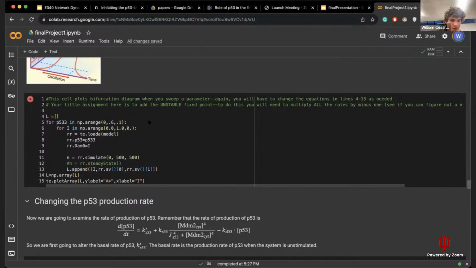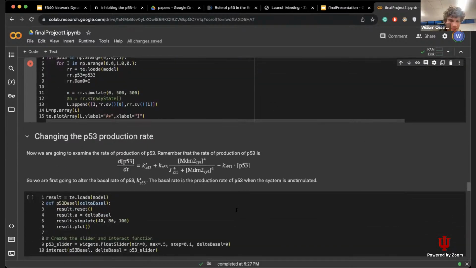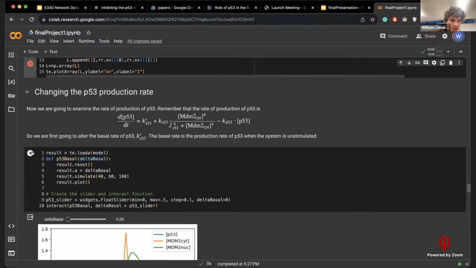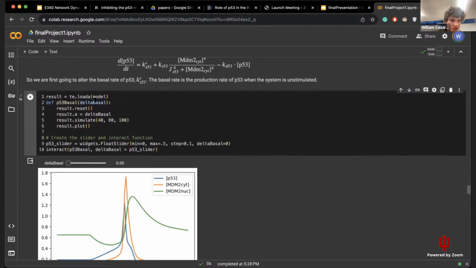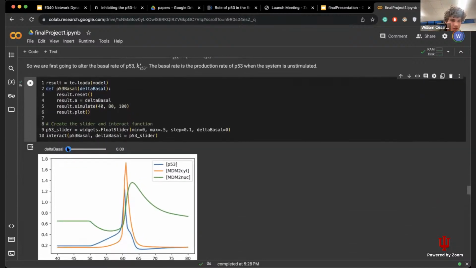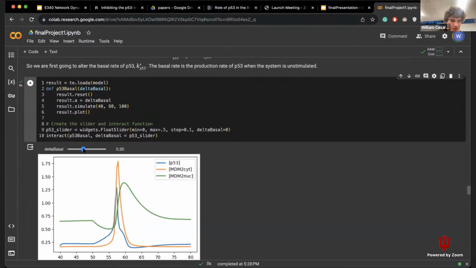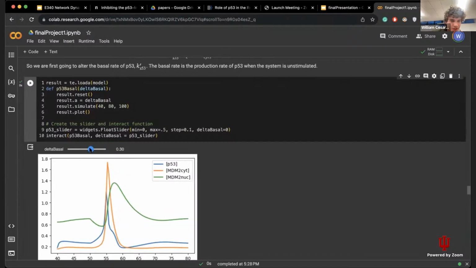Oh yeah, this was my attempt. It was poor. So I went into just trying to figure out what else I can look at. So here I can change the basal rate, and it just shifts the whole graph, which I think we've seen in class.